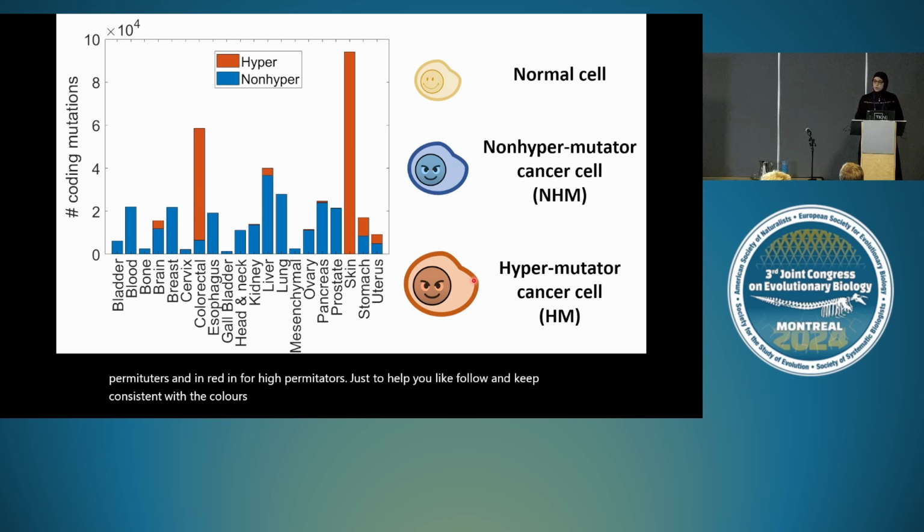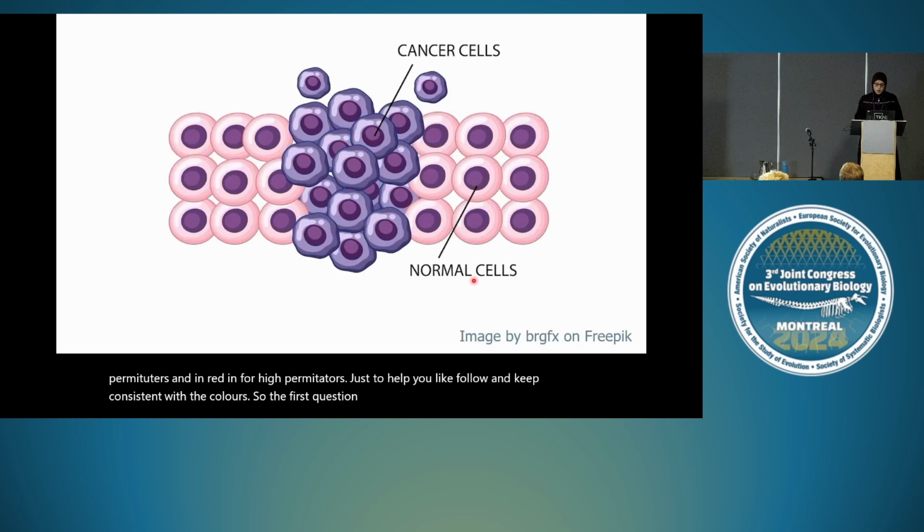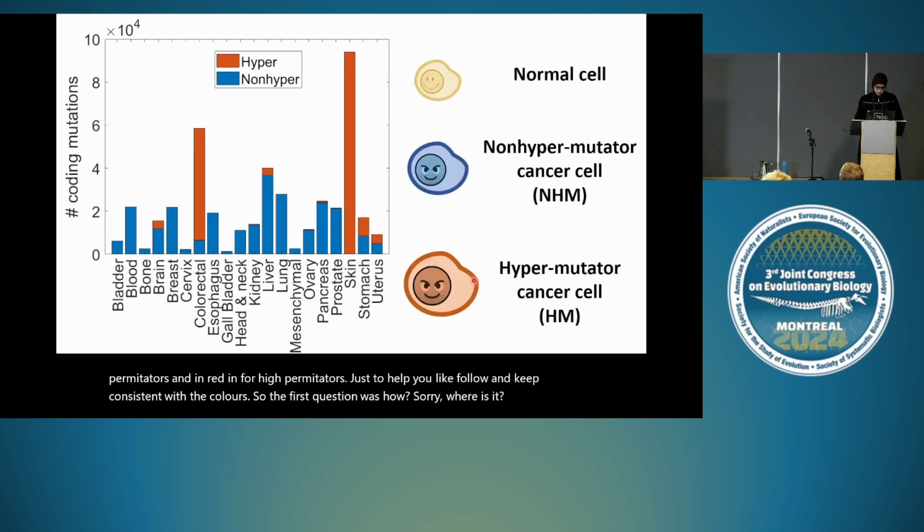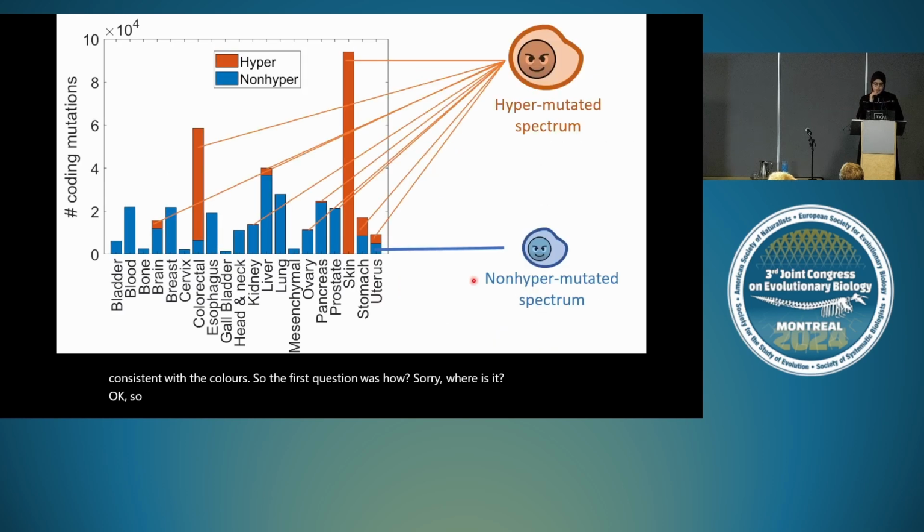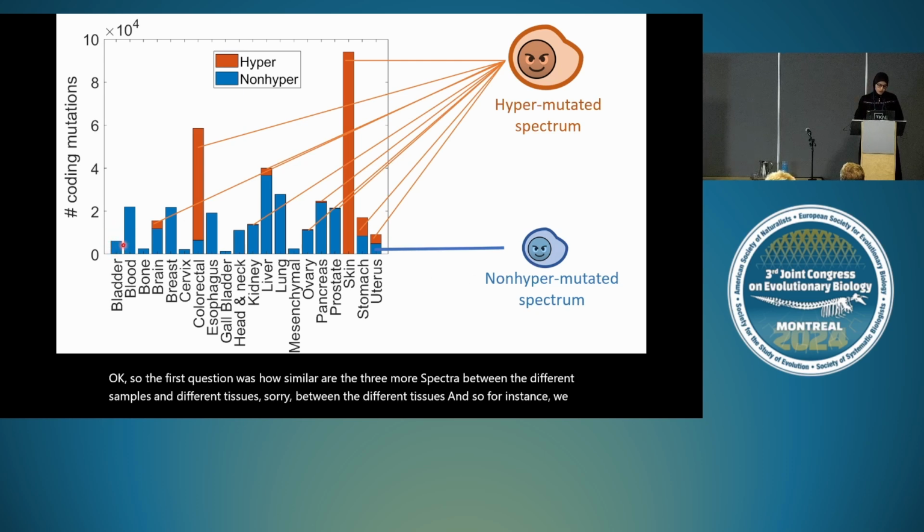Okay, so the first question was, how similar are the trimer spectra between the different samples in different tissues? So, for instance, we took the trimer spectrum in bladder and correlated that with the spectrum from all the pooled mutations in all non-hypermutated samples in the other tissues.